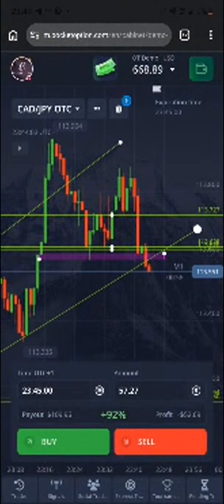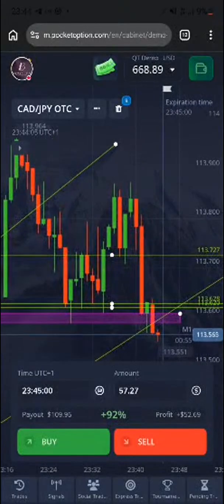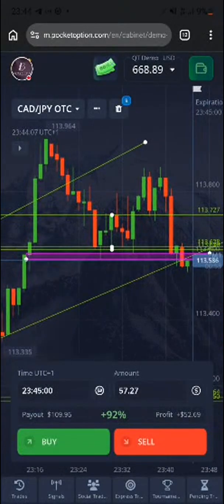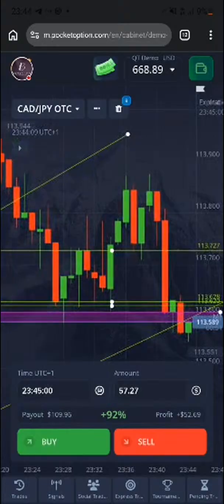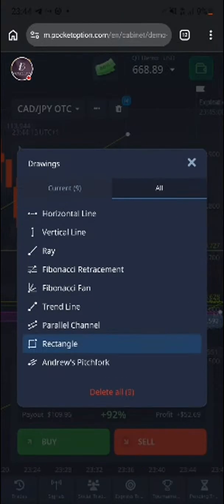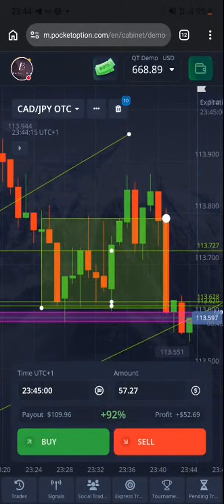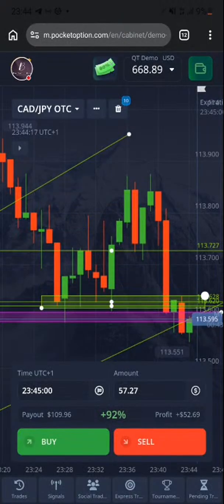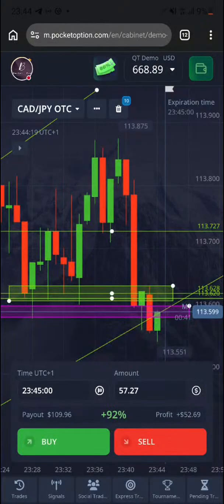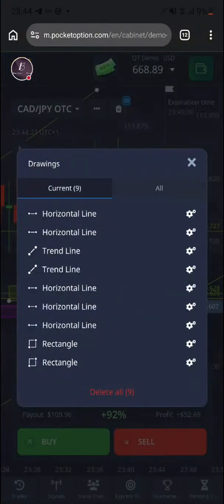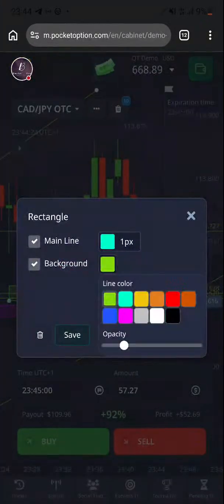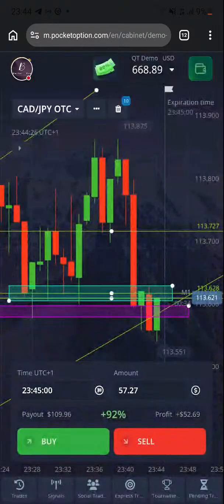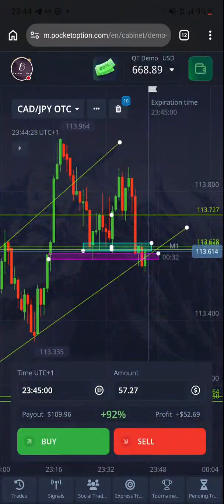But here is how it works. Let me show you. You see this area, it's an area of support in the market. Let me mark the support area so that I can see it. But it's not just a support area. Let me mark it green so that you can see the buyers supporting it.